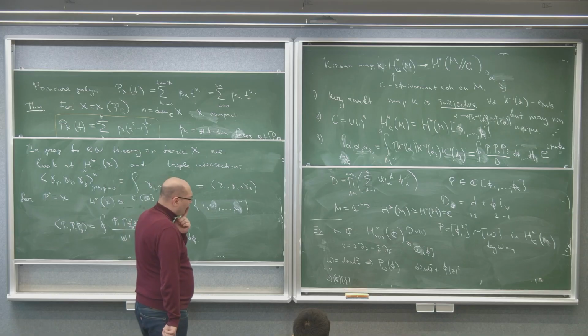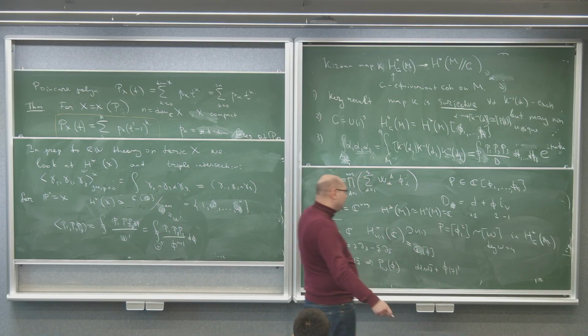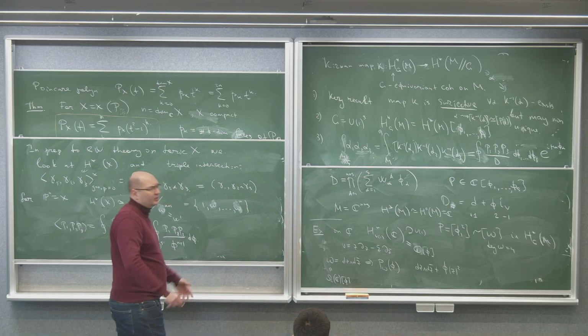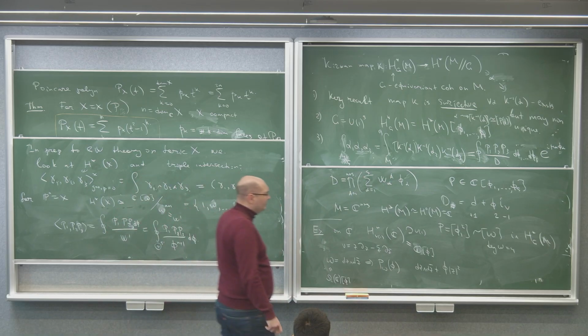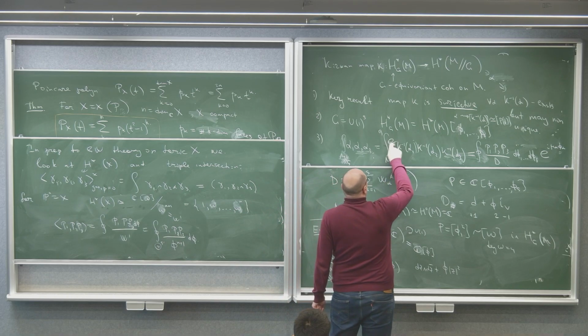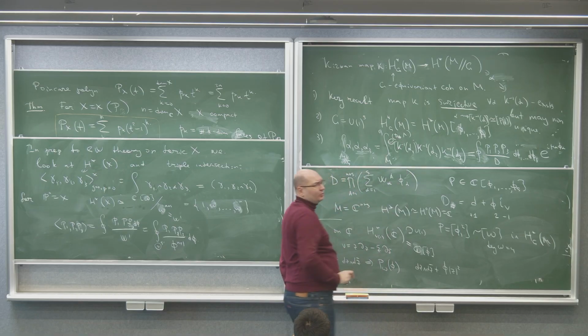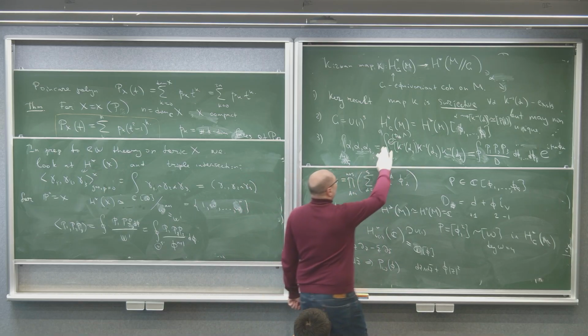So even though the function that we would get here is a bad looking function, growing at infinity like z squared, in this equivariant integral I can always add something like the equivariant differential of something without changing the integral.